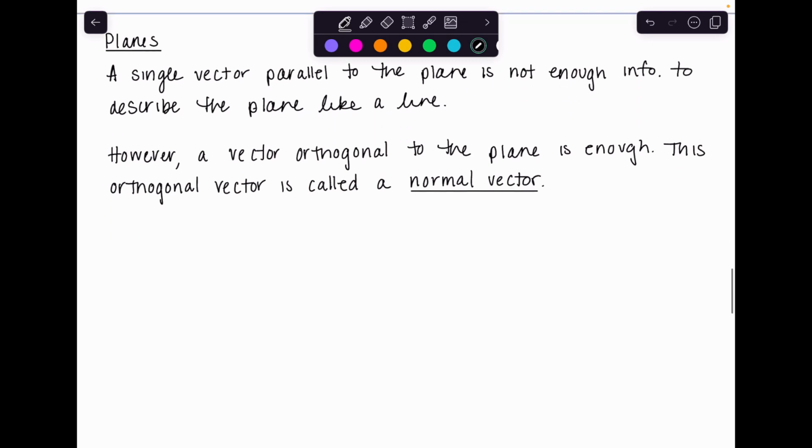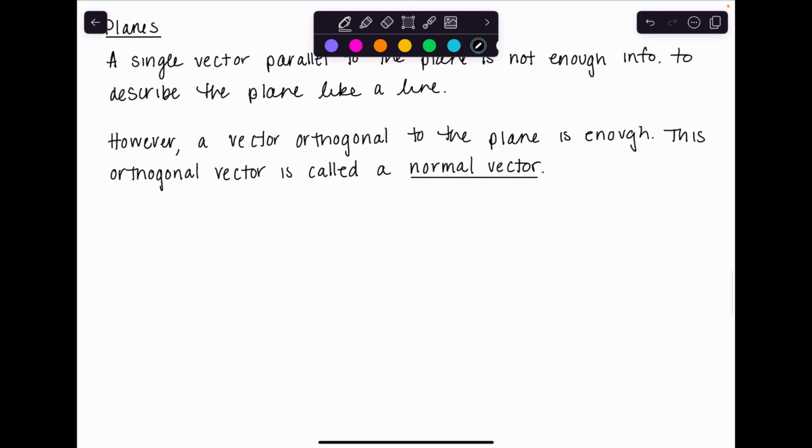So let's go through our formal definition for the plane. We're going to let P naught be that point on the plane, so it has the coordinates x naught, y naught, z naught. And instead of using a vector v to describe that direction, we want an orthogonal vector, or a normal vector.